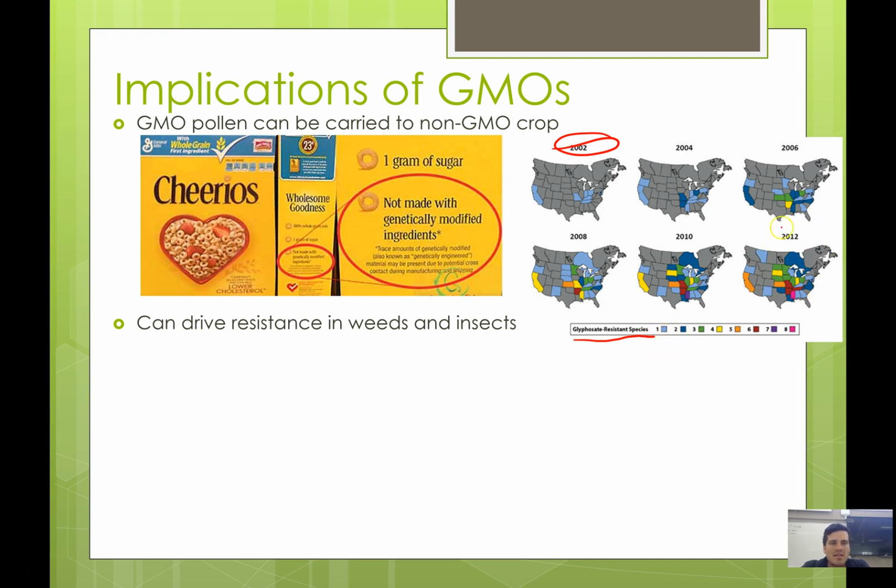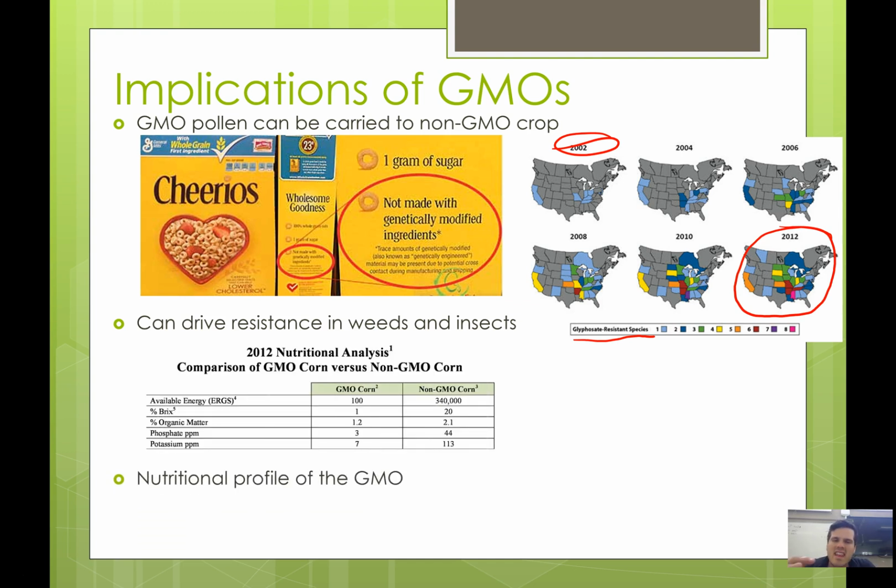All the way to 2012, now we've got a bunch of states that all have lots and lots of weeds that are now resistant to glyphosate, okay? So the increased use of Roundup, because of the availability of Roundup Ready canola, has actually created a resistance in these other weeds, okay?